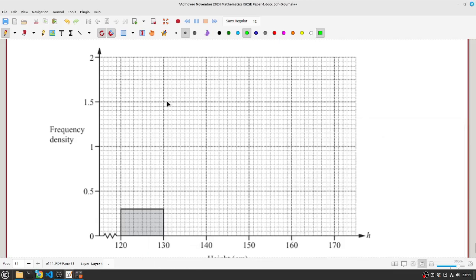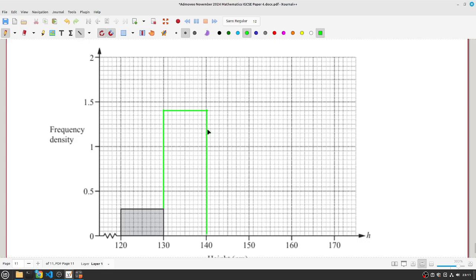I'm going to draw it with a nice straight line, up to here and down again.